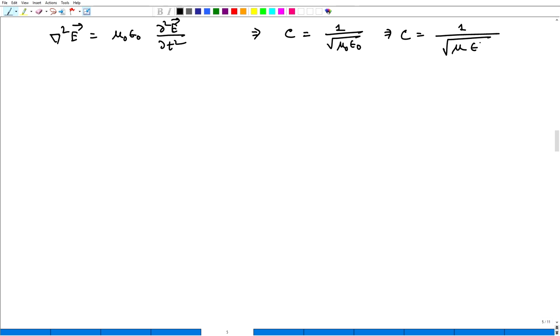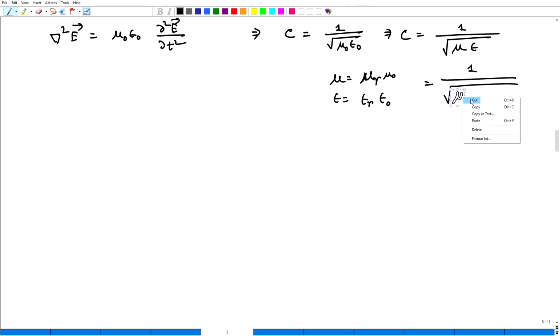1 over the square root of mu epsilon. So, now we can replace mu equals mu r mu naught, and epsilon equals epsilon r epsilon naught. So, this is our general formula, with mu naught, mu r, epsilon naught, epsilon r.